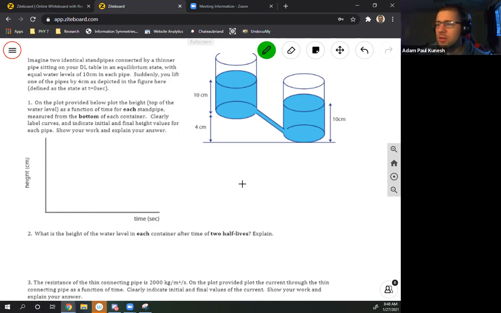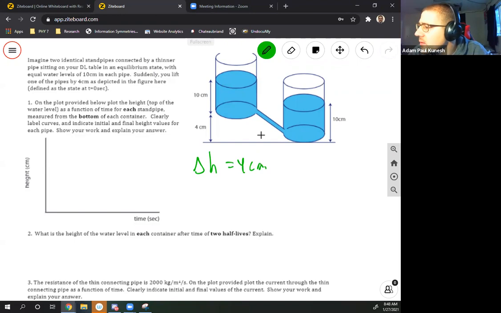So I've initially lifted my pipe by 4 centimeters. So the original delta H, the original difference in height between the two levels, is going to be 4 centimeters. So I expect that at the end, this upper one is going to drop 2 centimeters, and this lower one is going to raise 2 centimeters relative to its base level.